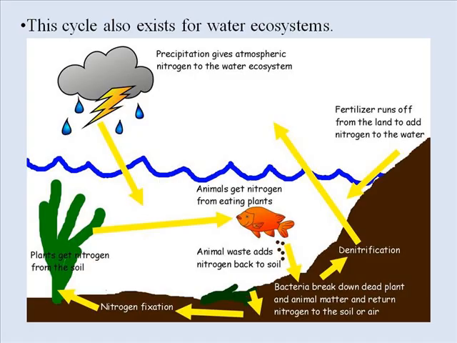It ends up in the water and then that ends up in the ground. We have fertilizer runoff into the water. We have denitrification in the soil that gives nitrogen back to the air. And we also have nitrogen fixation, bacteria in the soil that gives it to the plants. And then animals and plants can give it back to the soil either by dying or animals' waste, which you see the fish pooping in the picture.